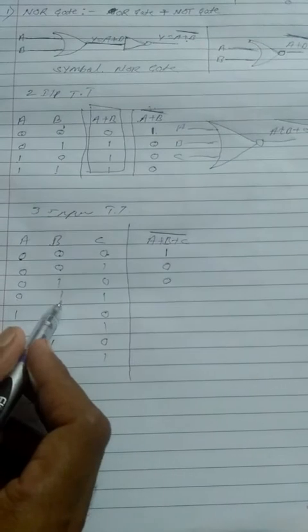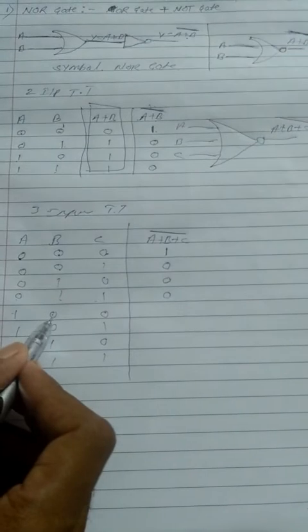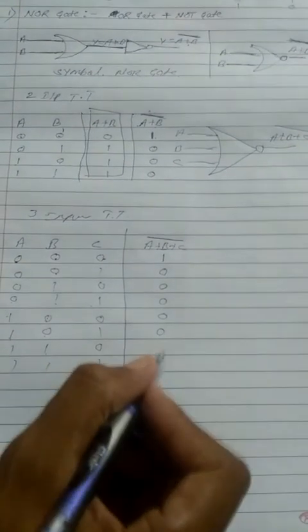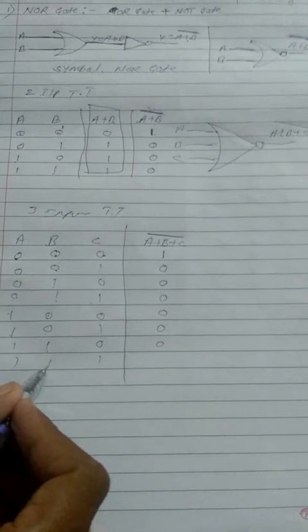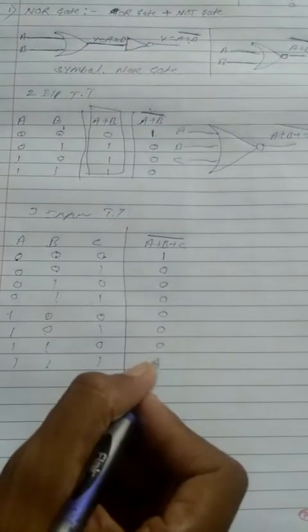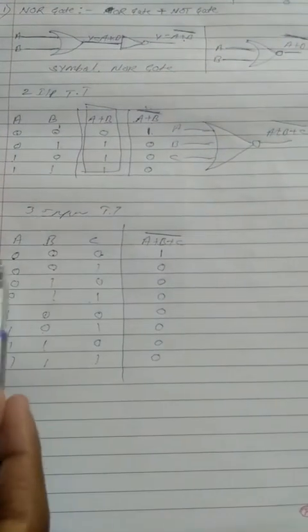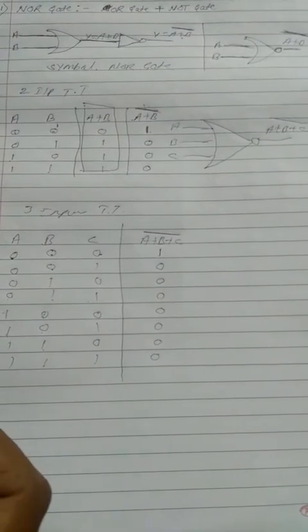For all the remaining rows, the OR result is 1, so the output is 0. See, in a NOR gate, when all the inputs are low, then the output is high, otherwise the output is low. It is exactly the reverse of your OR gate.